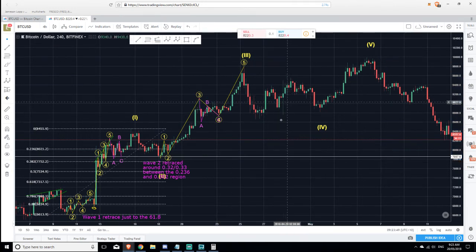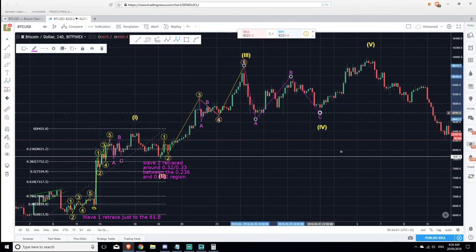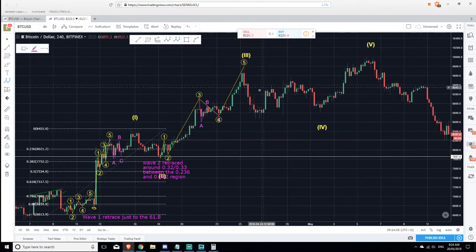Now, inside here, you can argue two cases. You can either argue a flat, which is what I've been talking about before. Not really a flat, but something like this. You can argue that's a flat, but I'm inclined to think it's a 535 zigzag, with a really truncated C wave. So really weakness in this. So we've got 1, 2, 3, 4, 5. 1, 2, 3, 3 movements of which there's 5 inside. 5, 3, 5.